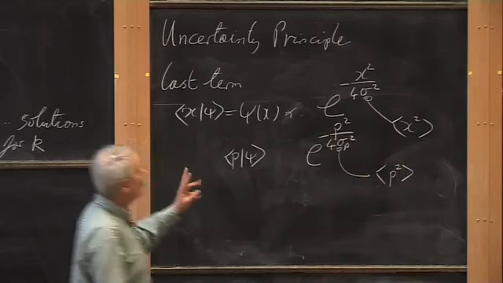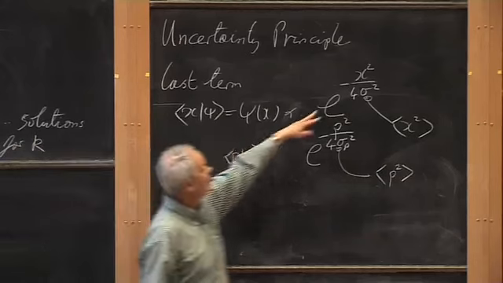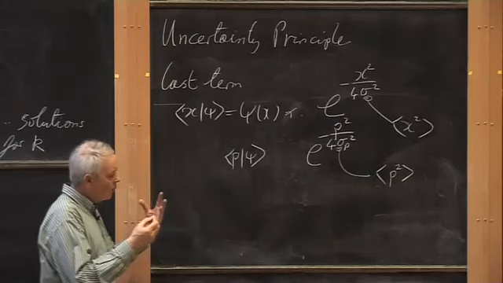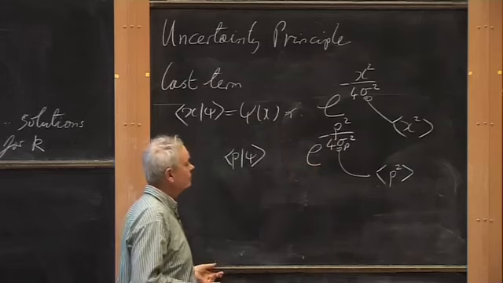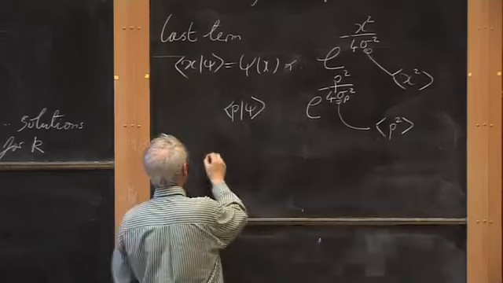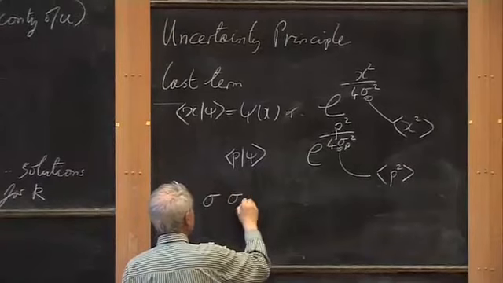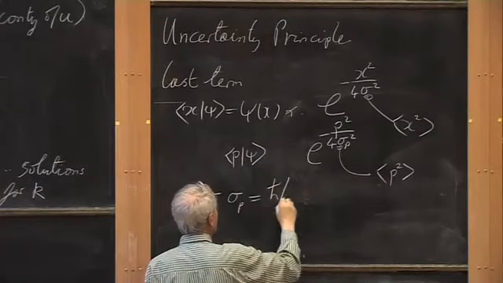The expectation value of the momentum in this state is 0. The expectation of the square of the momentum is going to be this sigma p squared. And what we found was that sigma times sigma p is equal to h bar on 2.